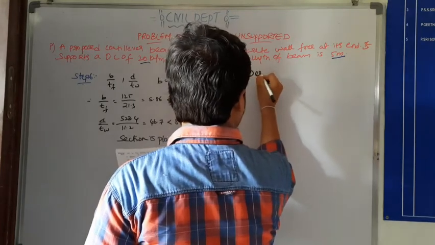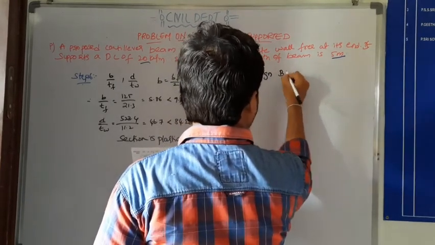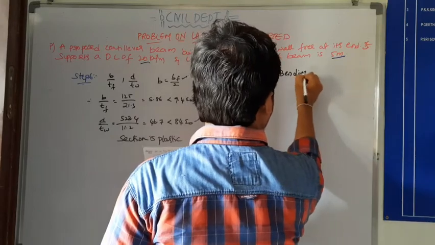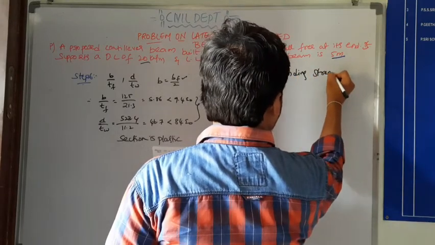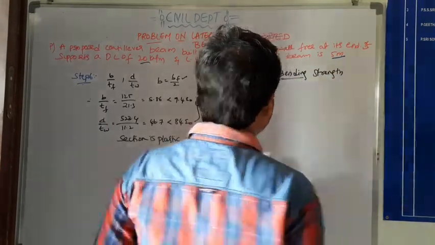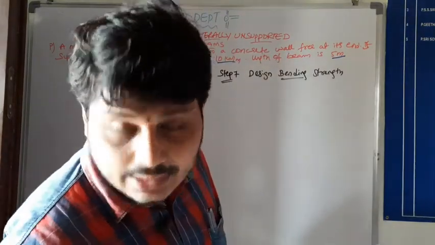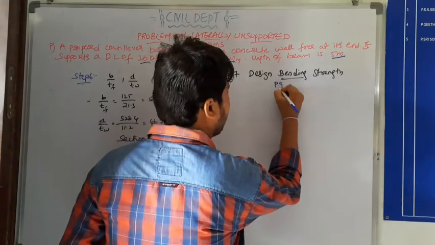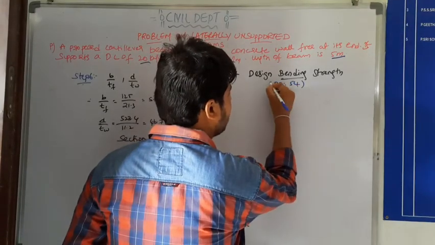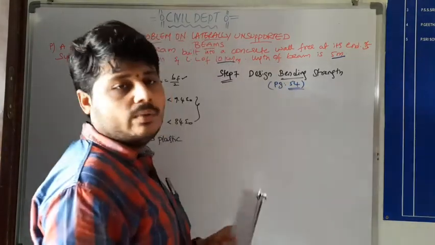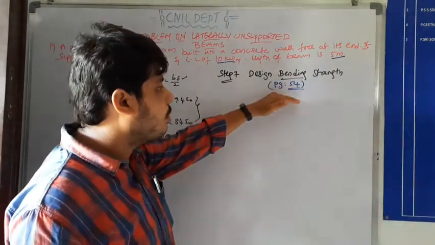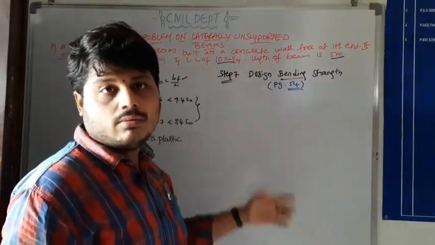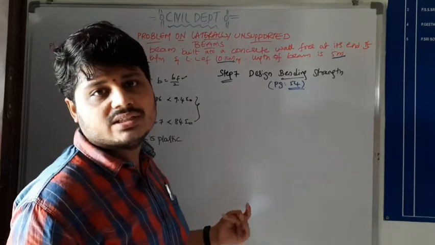Now we will go to step 7, design bending strength. The main concept for design bending strength is the formula on page number 54. When you go to page number 54, all the formulas required for the problem are there.